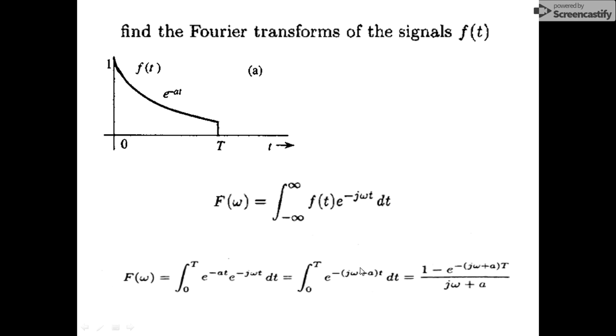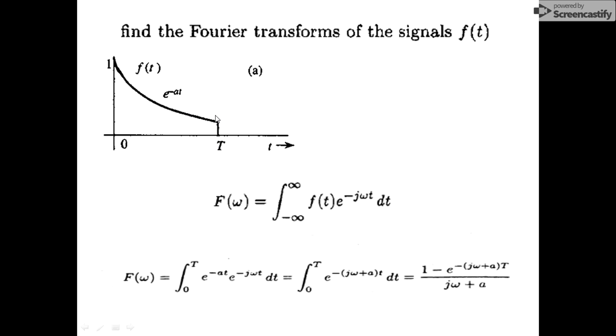Okay, and the integration of e to the power minus at you all know, that is e to the power minus at by minus a. Then you put the upper and lower limits, and you will get the answer as 1 minus e to the power minus of (j omega plus a) into capital T, by (j omega plus a). This is the Fourier transformation of this signal.